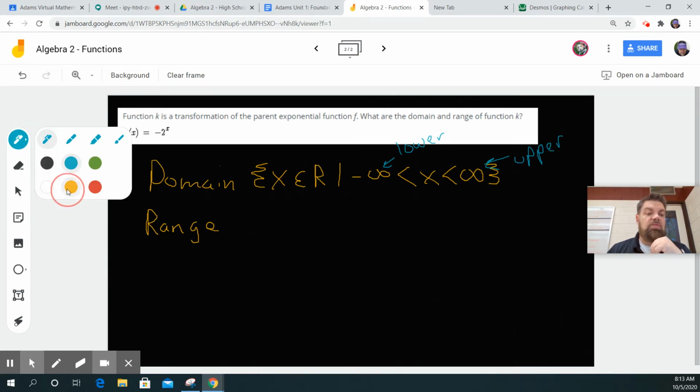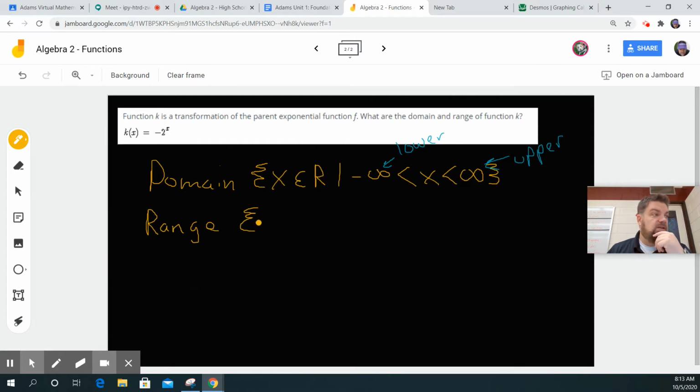So when we go to do the range, we're going to have to do the same thing. Irrational, that's what I said. I misspoke. But anyways, in the notation here, our range is also a real number. I can't talk today.